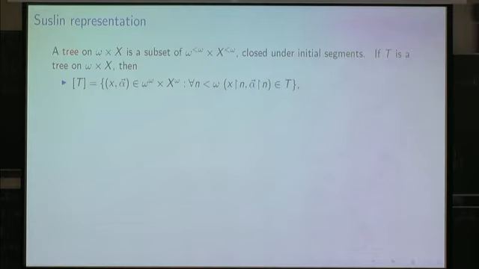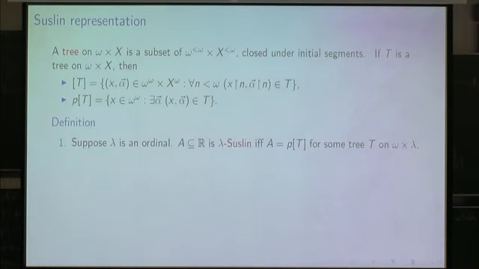For a tree, the collection of infinite paths is the set of infinite strings (x, α) so that every initial segment belongs to the tree. And the projection of T is the set of reals x such that there is an α in the second coordinate so that (x, α) belongs to the set of infinite branches of T.